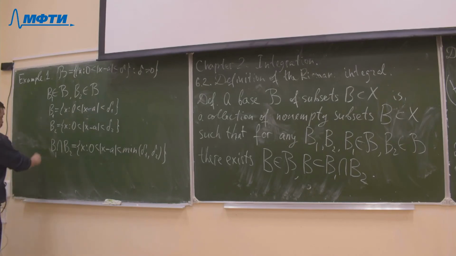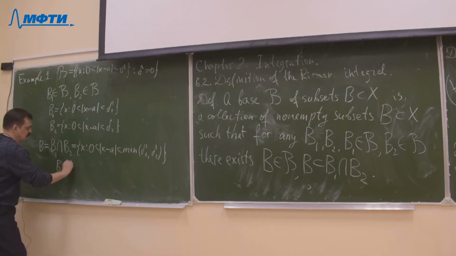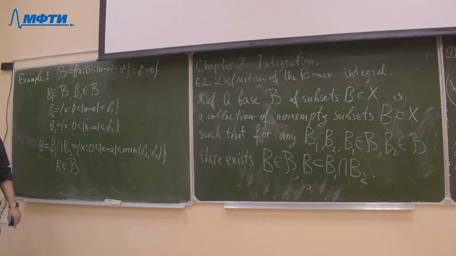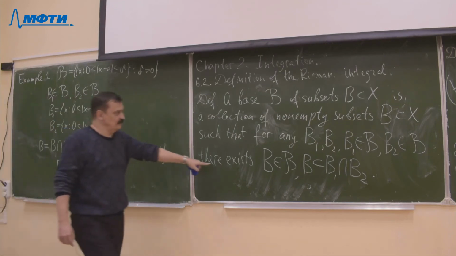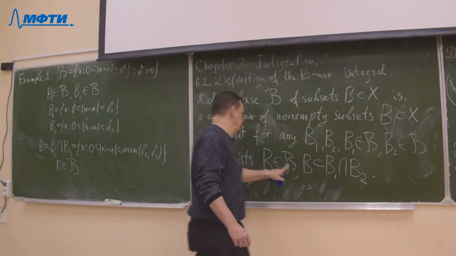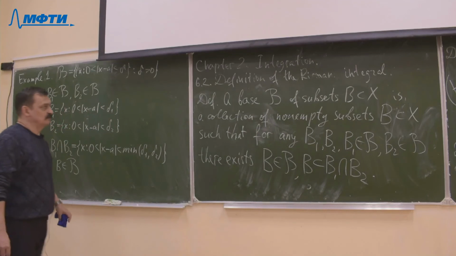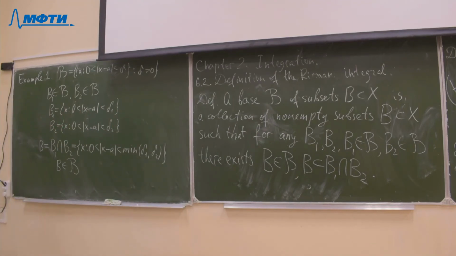And that is precisely a B which also belongs to the collection B. So this is a base of subsets of the real line. The property is that the intersection again belongs to our base.